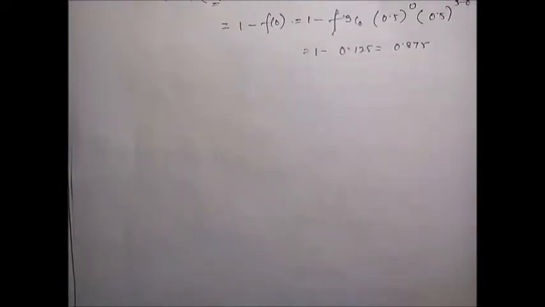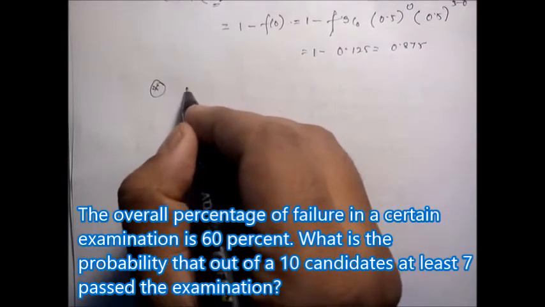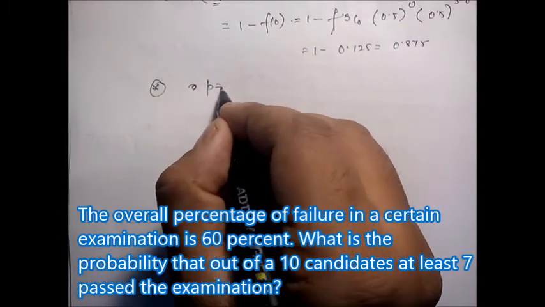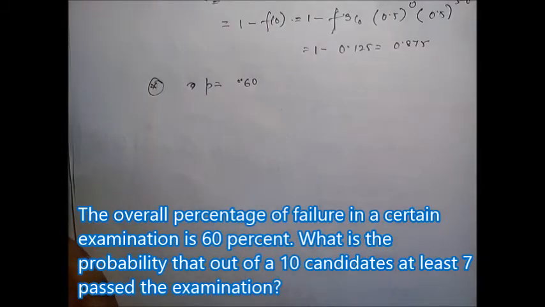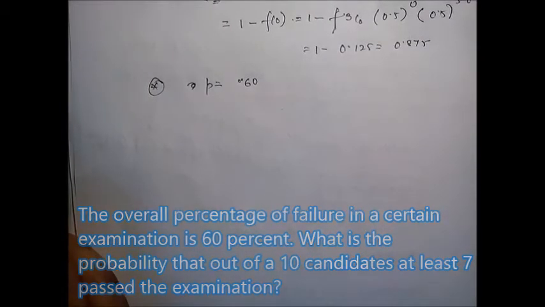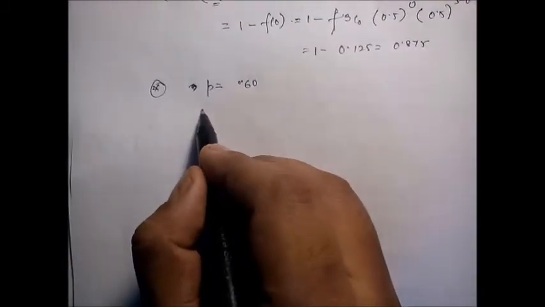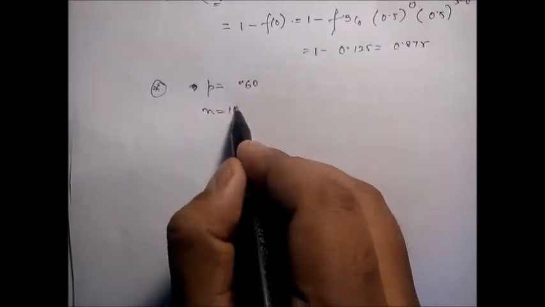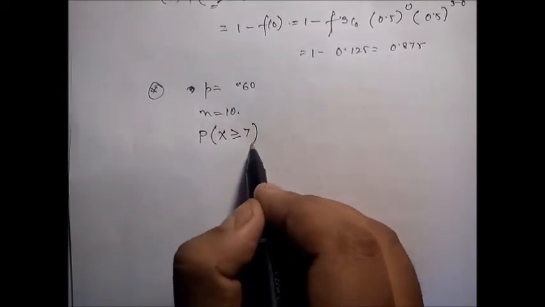Okay, next. The overall percentage of failure in a certain examination is 60%. So p is equal to 0.60. What is the probability that out of 10 candidates at least 7 passed the exam? At least 7 passed the exam, so n is equal to 10. At least means the probability of x should be more than or equal to 7.